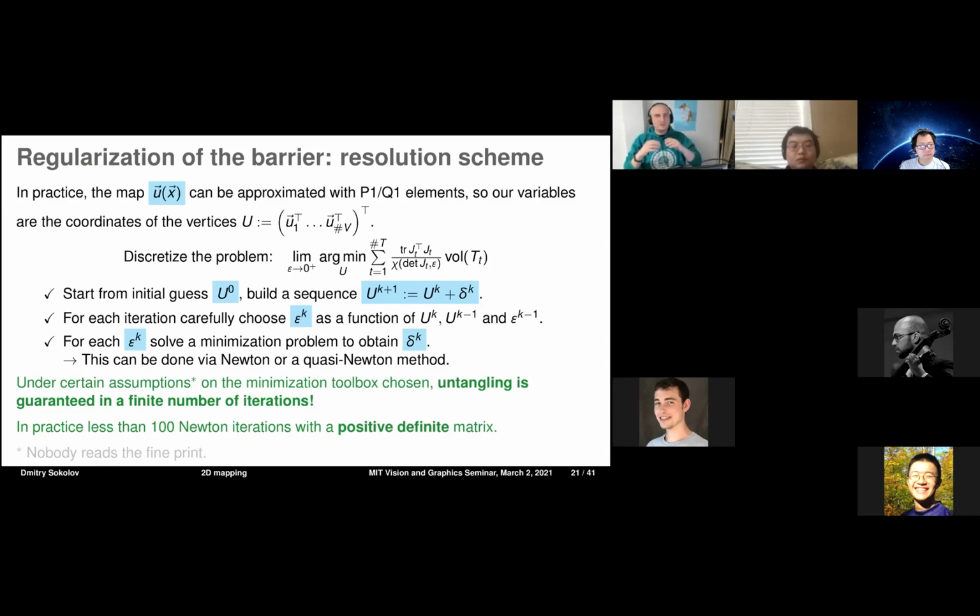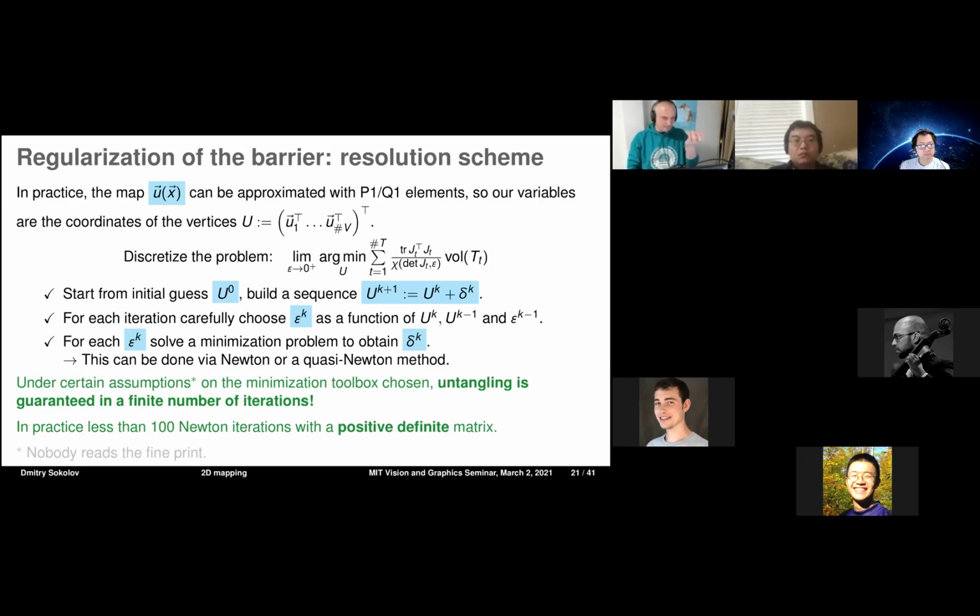For example, it will not be stuck in saddle points and stuff like that. If you choose an idealized minimization algorithm that already finds the global minimum, you are guaranteed to find the positive Jacobian map in a finite number of elements.